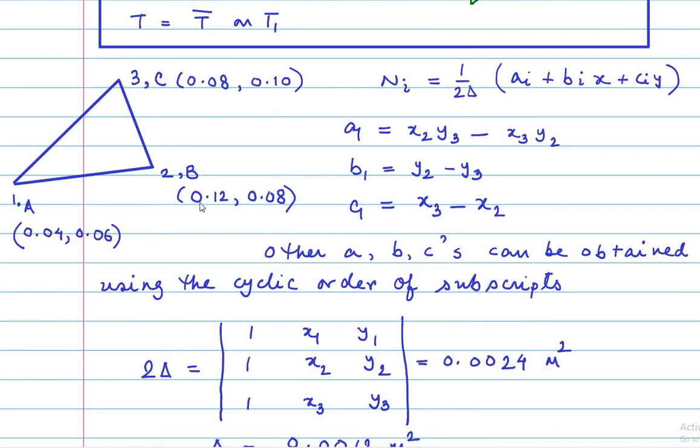A is this, B is this, C is this. We call them 1, 2, 3.